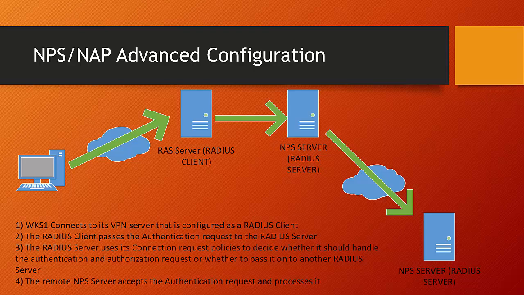On that second NPS server, we need to add a radius client, and we'd have to configure network policies. To make all this work, on the NPS server, we had to configure a remote radius server group, and we had to configure connection request policies.